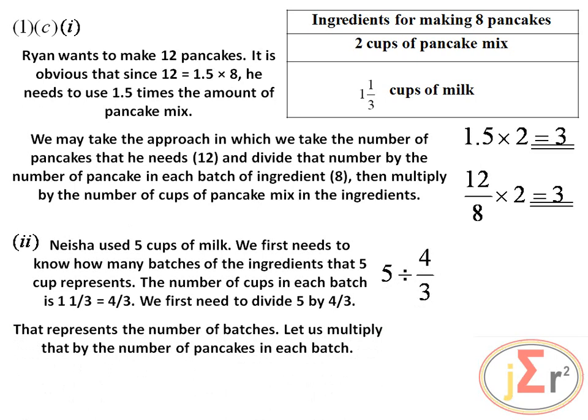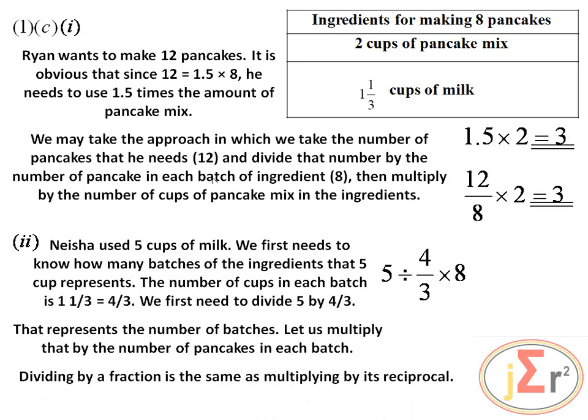When we work that out, that should give us the number of batches of the ingredients that 5 cups represent. Then we will take that number and multiply by 8, and we will be able to tell the number of pancakes overall.